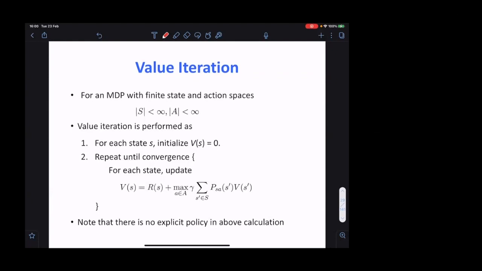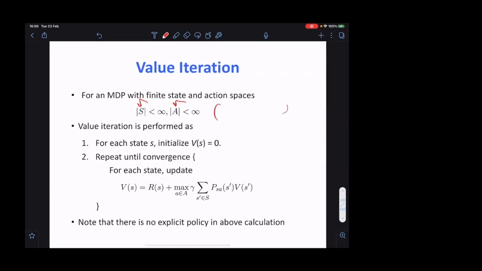pseudocode for value iteration. I said that you have a discrete state space, and also a discrete action space. The assumption here is that you know the transition, and also you know the reward function. Therefore, given any state and action, you would know what the next state would be.